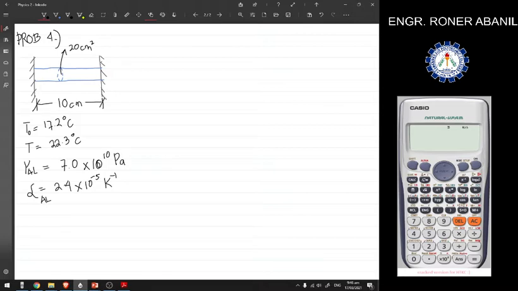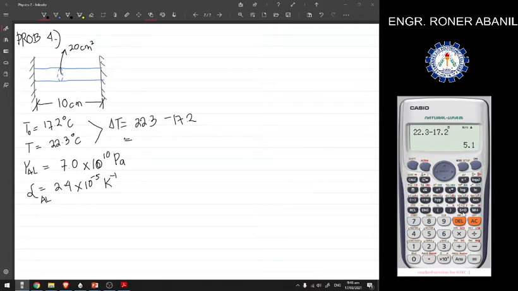So, dito makukuha na natin yung tinatawag na, pag ginamit mo tong dalawang to, makukuha natin yung change in temperature. So, yung change in temperature niya is 22.3 minus 17.2. So, calculator tayo. 22.3 minus 17.2.